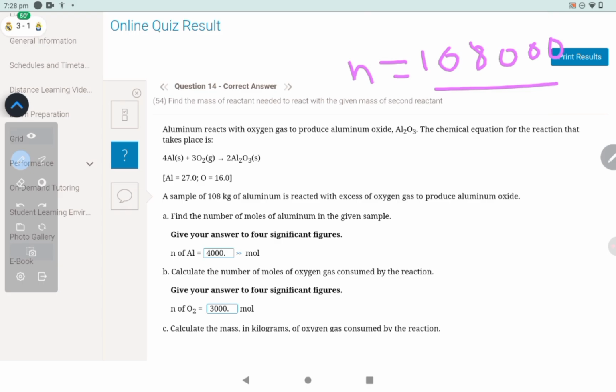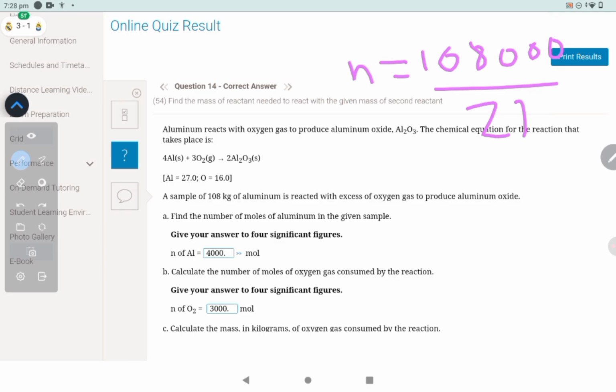Molar mass is going to be aluminium. Aluminium is 27, so you have to divide that by 27. What do we get? We get 4,000 moles.